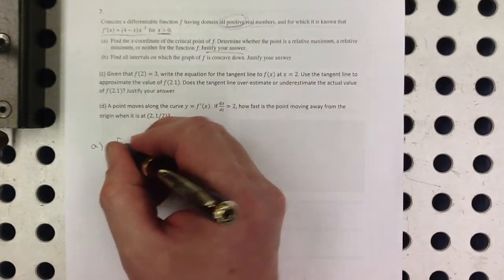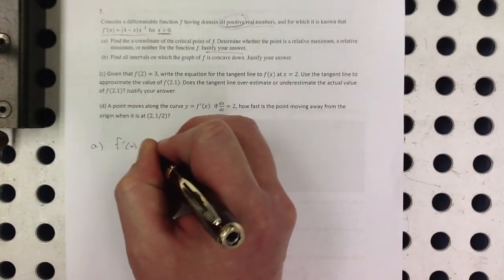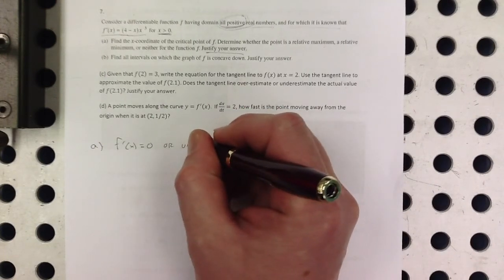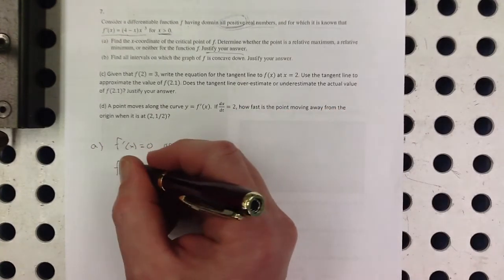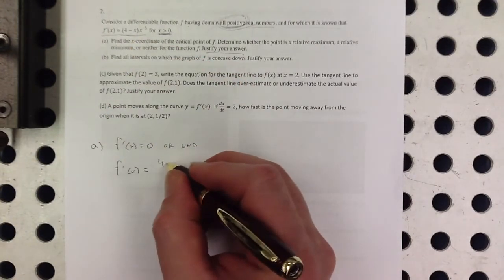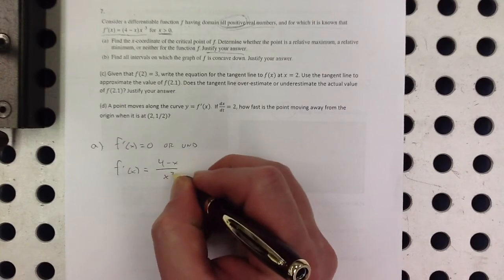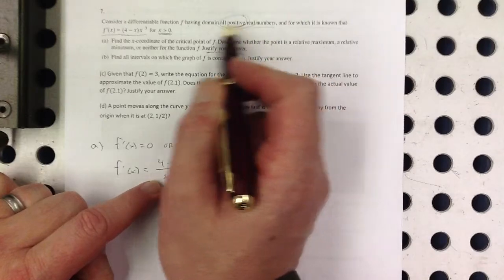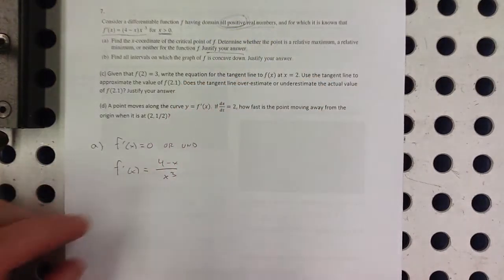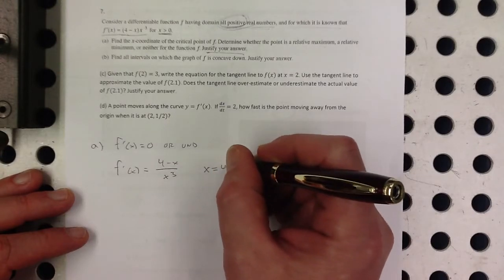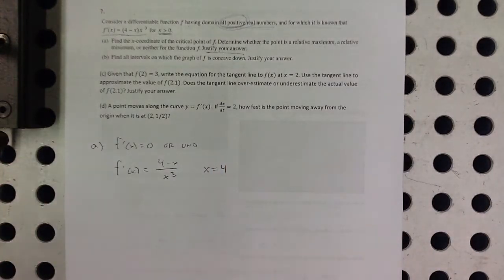Well, critical point happens when the derivative is equal to 0 or undefined. So let's see, f prime of x is equal to, I'm going to write this like (4 minus x) over x cubed. Now, it's undefined at 0, but 0 is not part of the domain, right? The domain is only all positive real numbers. So we've got a critical point at x equals 4.